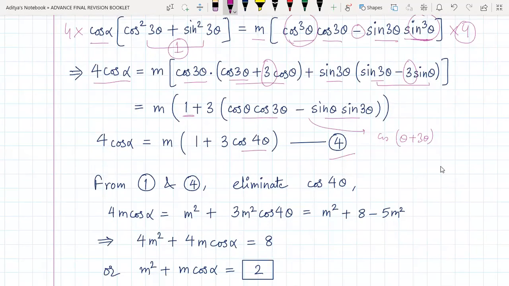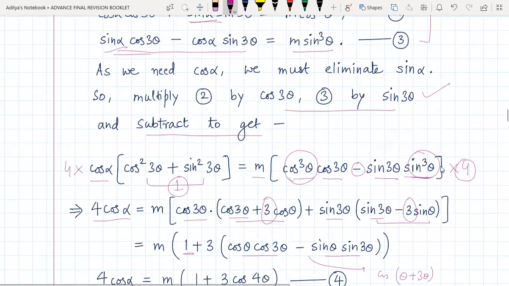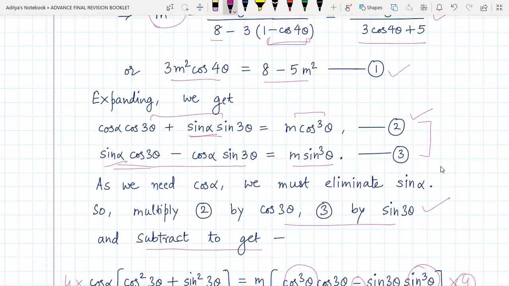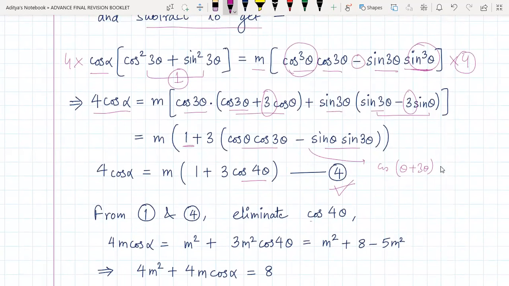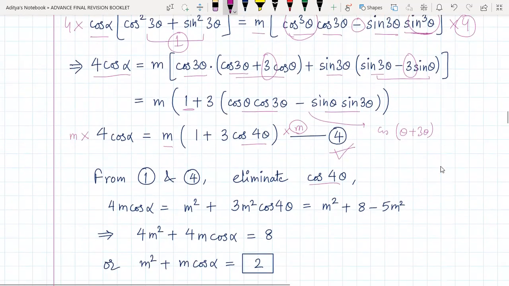Now from equation number 4 and equation number 1, we are going to eliminate cos 4 theta. So how are we eliminating it? I am multiplying this equation on both sides by m, right? So what is m into m going to become? It is going to become m square, right? So 4m cos alpha we have written as it is.